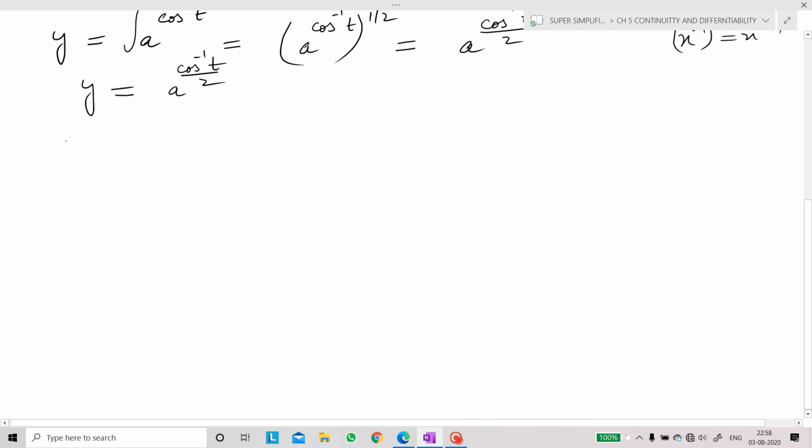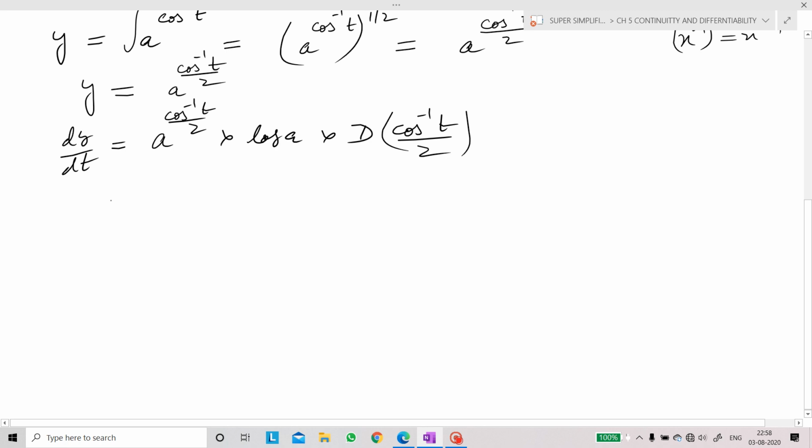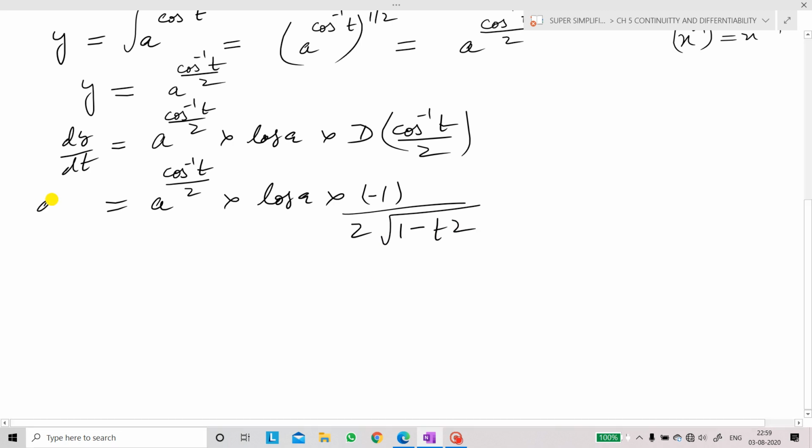So we will have dy by dt is equal to, again using the same rule, a raised to the power cos inverse t by 2 into log a into derivative of cos inverse t by 2, which is equal to a raised to the power cos inverse t by 2 into log a, and the derivative of cos inverse t by 2 will be, now 2 is a constant, so 1 by 2 gets copied and derivative of cos inverse t is minus 1 upon square root of 1 minus t square, and this is the expression for dy by dt given to you by equation 2.